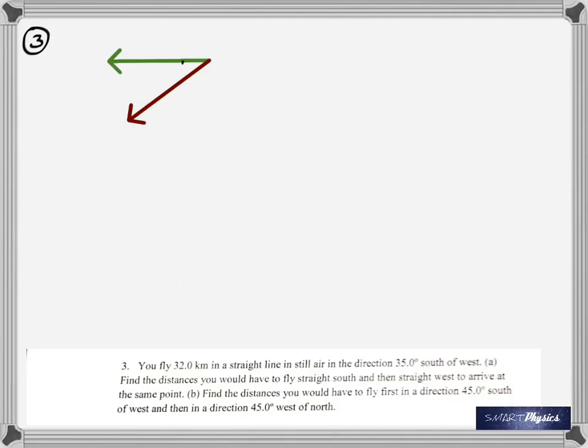That's part A. So that angle is 35, this is 32 kilometers. So all you have to do is find the components. And since that is 35 degrees, you're going to get this angle is also 35. So this angle is also 35 degrees.